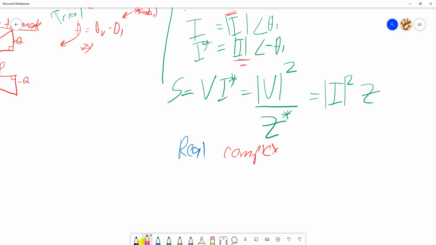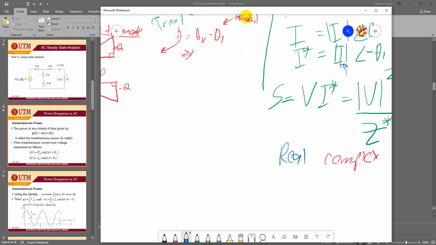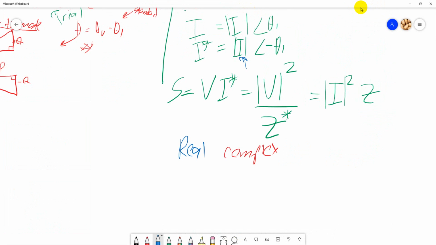This one is a real number, this one is a real number also, and if you consider all of it, it is a complex number.